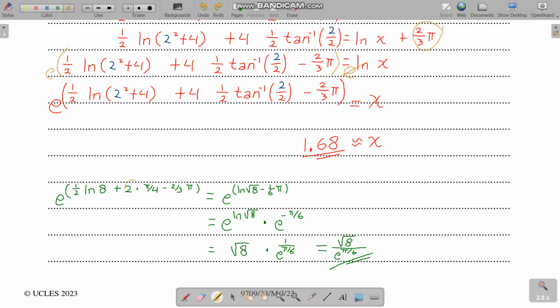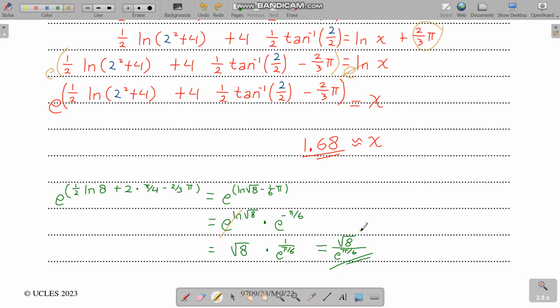And if you use your calculator here, you will get 1/6 pi. So you can split e to the power of ln √8, e to the power of minus pi over 6. Cancel out, it's just √8. And this is the same as 1 over.